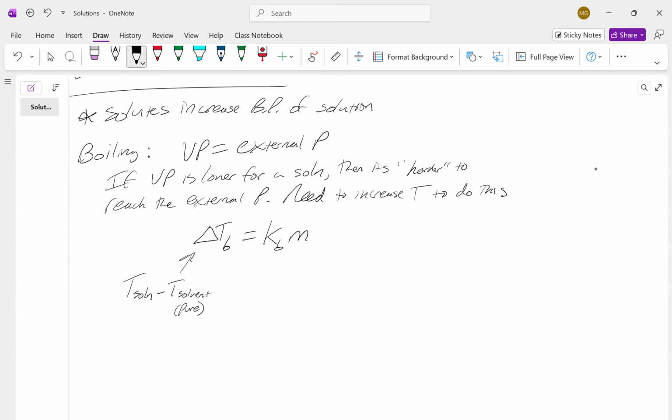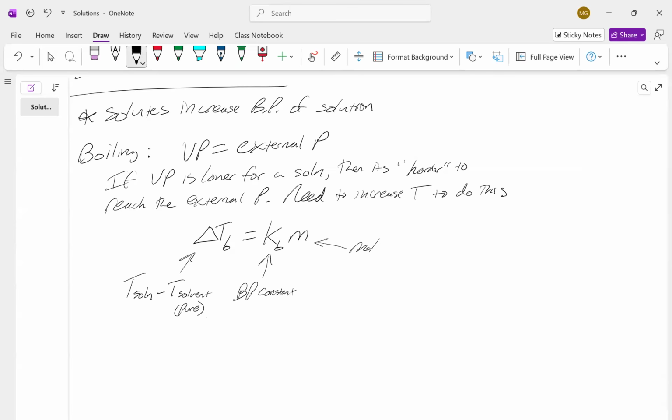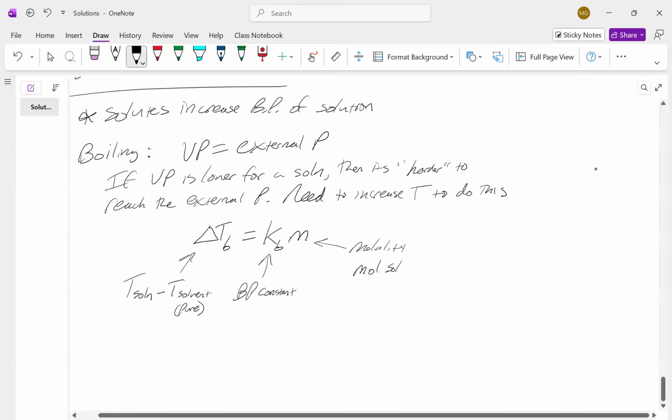And as I said, this Kb is a boiling point constant, and m is molality: moles of solute over kilograms of solvent.